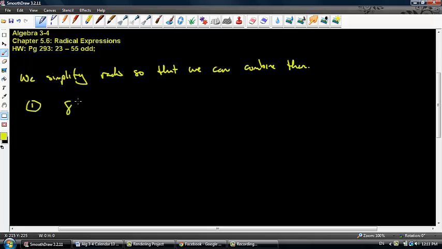So if I say 8 times the cube root of 6 minus 4 times the cube root of 6, these cube roots of 6 have to be exactly the same. So I have 8 cube roots of 6, and I'm subtracting 4 of them, which means I have 4 remaining cube roots of 6.